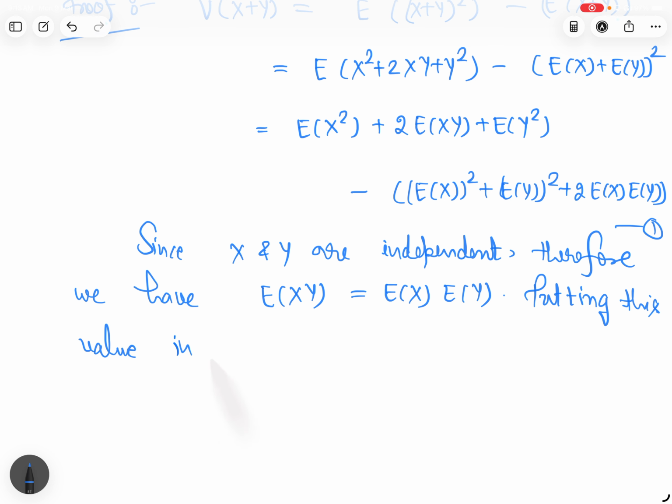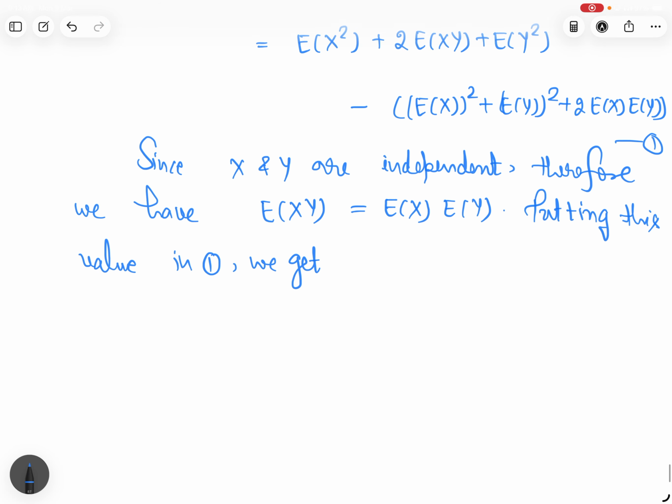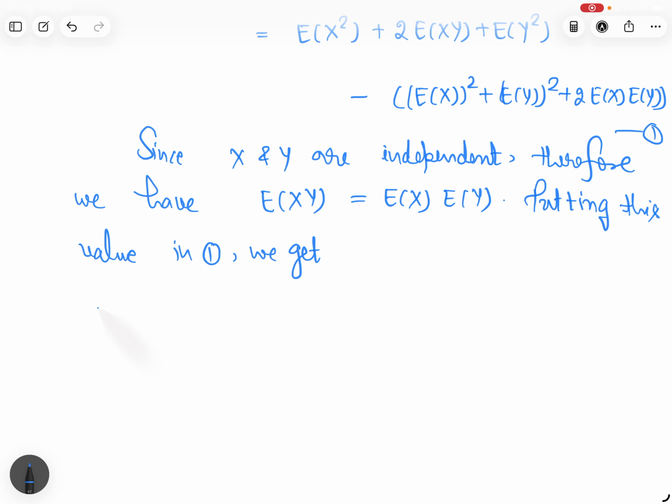Putting this value in 1, what we get? We will get variance of x plus y is equal to E x square plus 2 times Ex Ey, because expectation of xy is equal to Ex into Ey when x and y are independent.